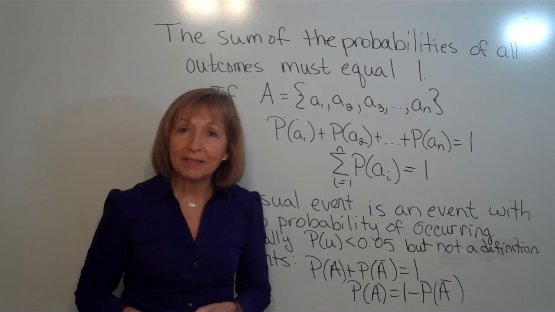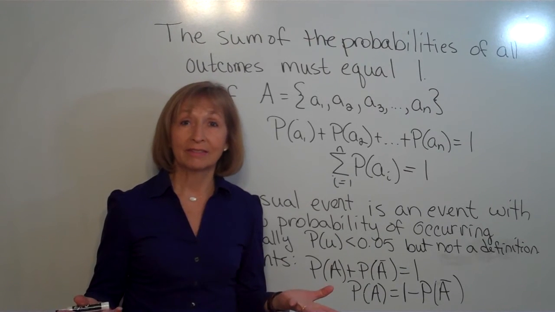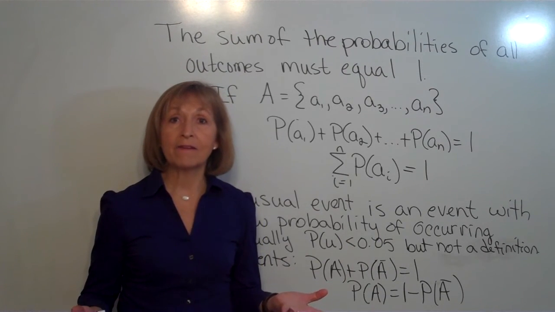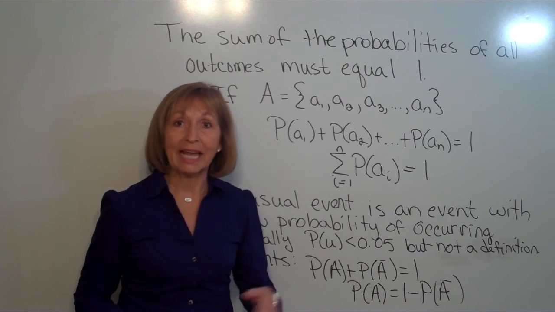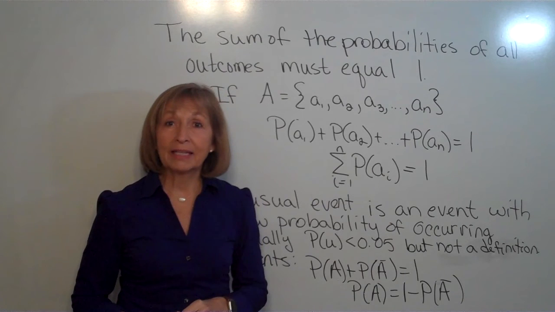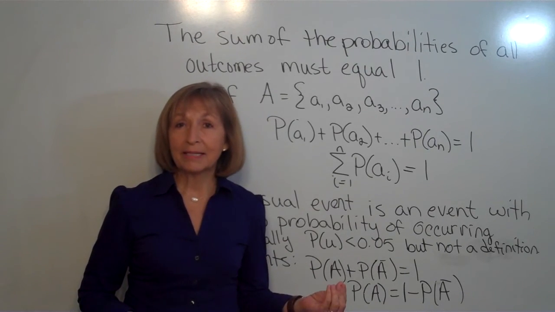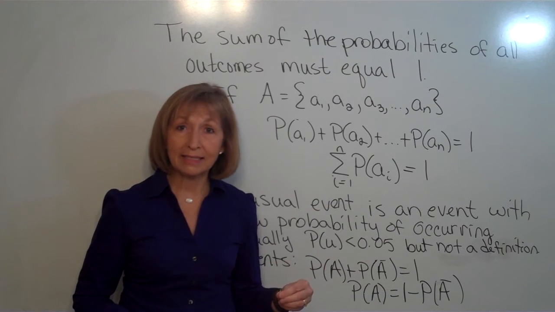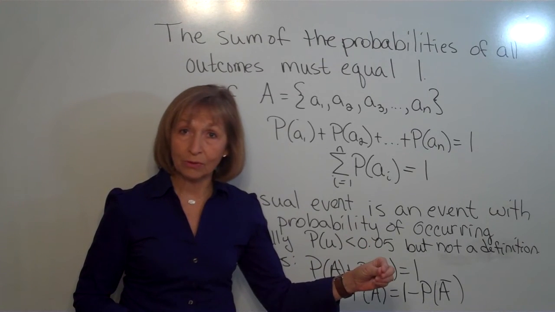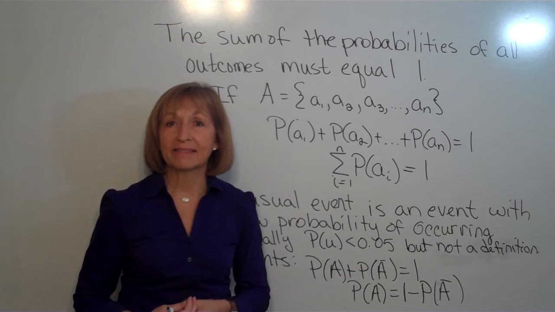But the complement of a family having at least one girl is having no girls. And the probability of a 3-children family having all boys is 1 out of 8. So I can find my probability of at least one girl by taking 1, subtract the probability of no girls. So that's 1 subtract 1/8, or 7/8.